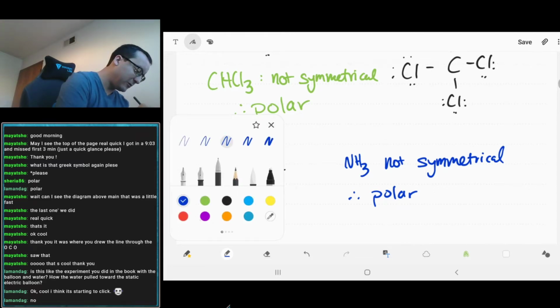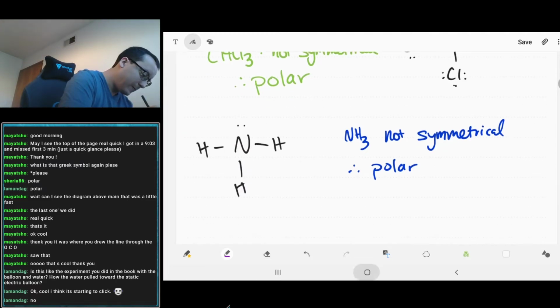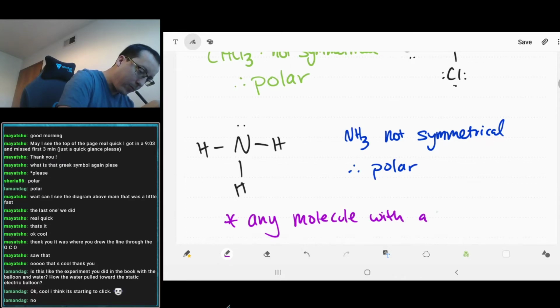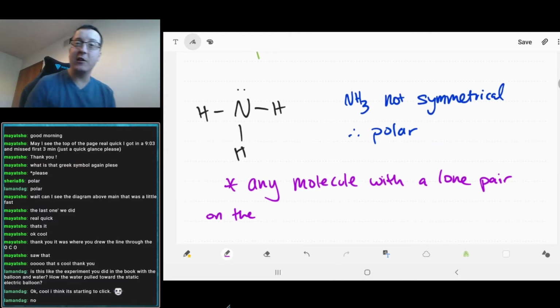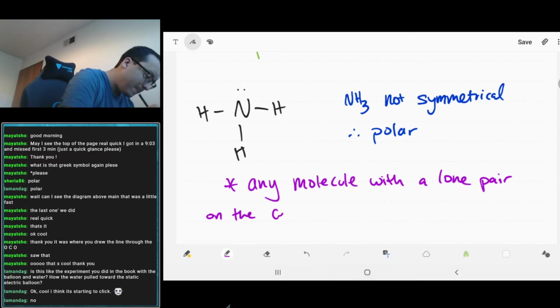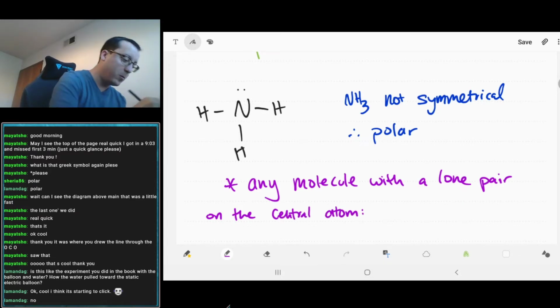Fun fact for you. Any molecule that has a lone pair on the central atom will be polar.